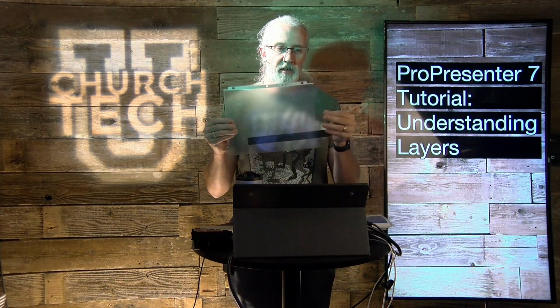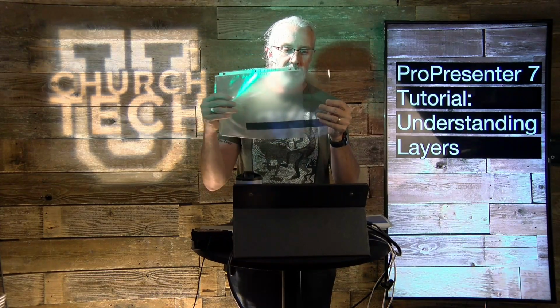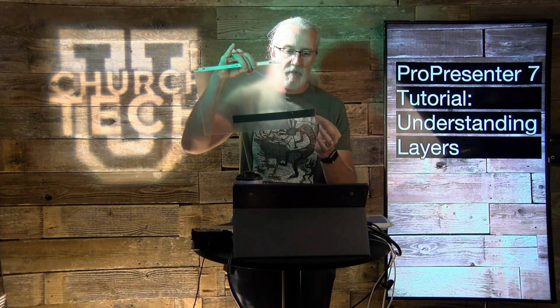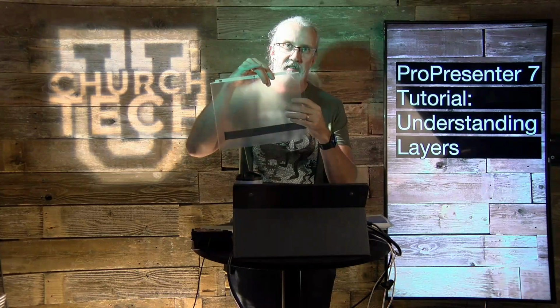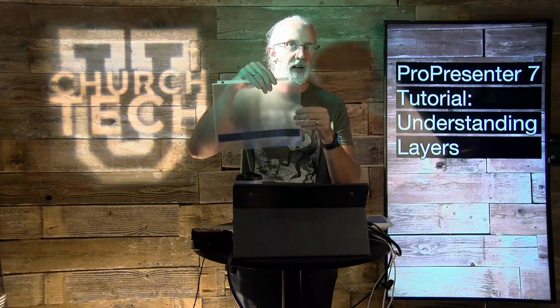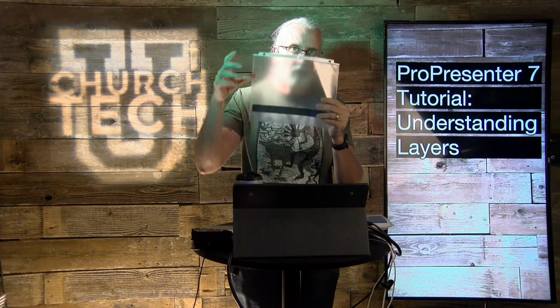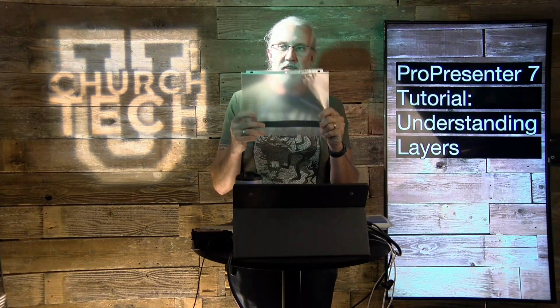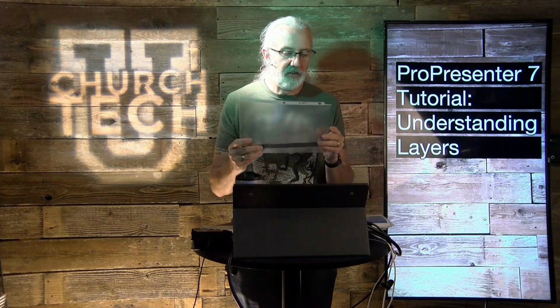I've got this in a screen protector here, but it's just a plastic sheet with a black bar printed on it. That black bar could just as easily be text as it is this black bar. Okay, so that's what an overhead transparency sheet was if you're not as old as I am.